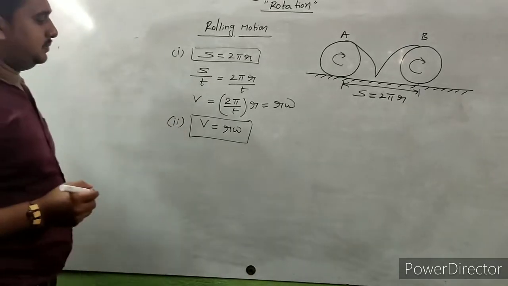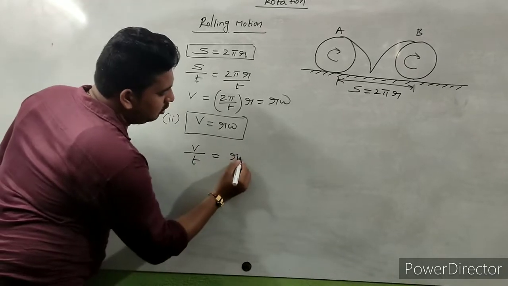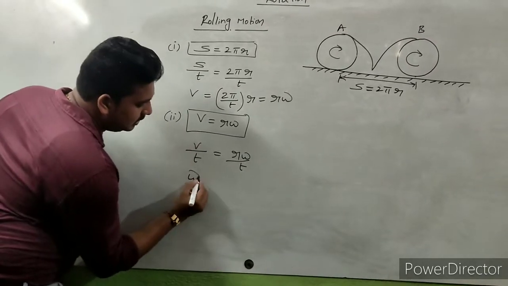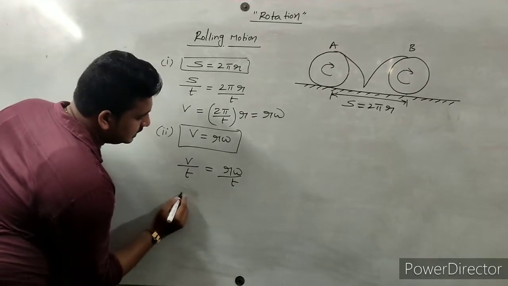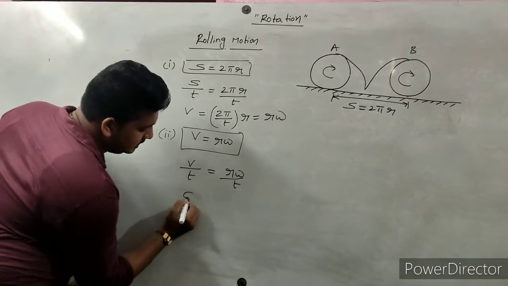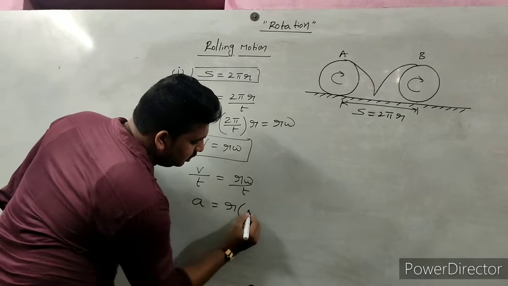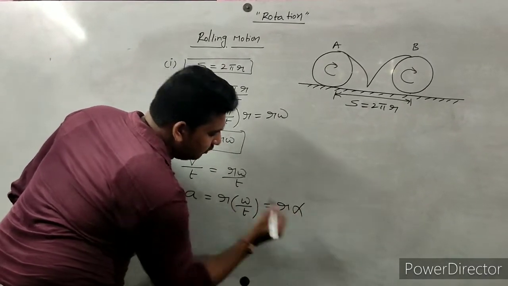Next, we derive with v by t, and again r omega by t, dividing t on both sides. Then v by t means acceleration, and omega by t means alpha, so a is equal to r into omega by t, that is equal to r into alpha.